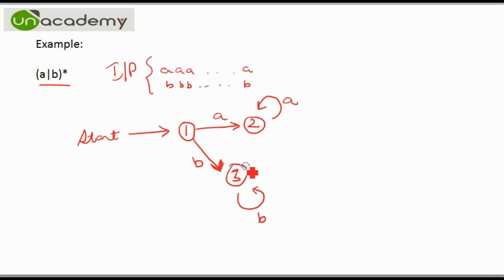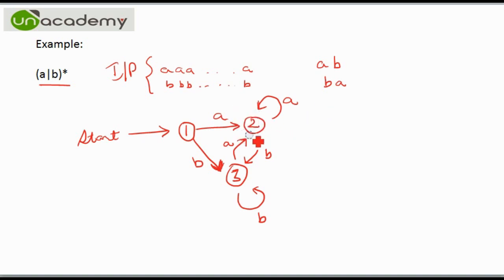So if an input of this type occurs, then the machine will go from 1 to state 2 and then from state 2 to state 3. If an input of type BA occurs, then the machine will go from 1 to 3 to 2, and this cycle keeps on going for any number of string inputs.